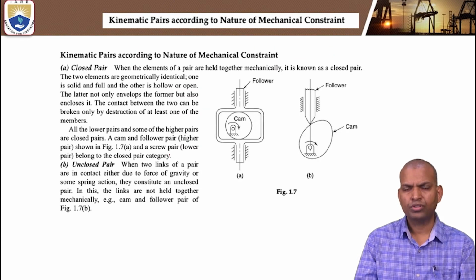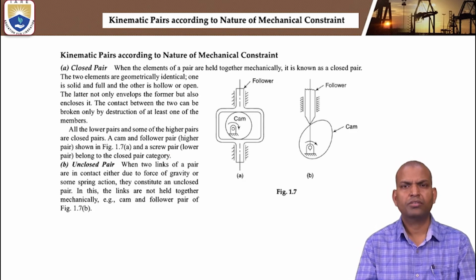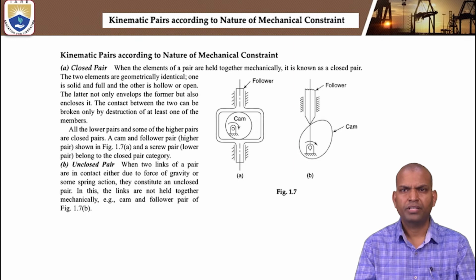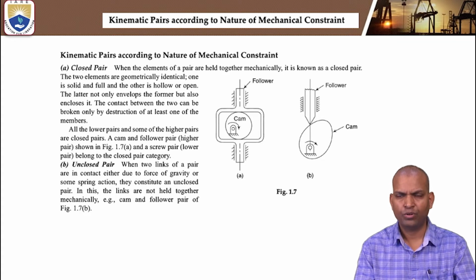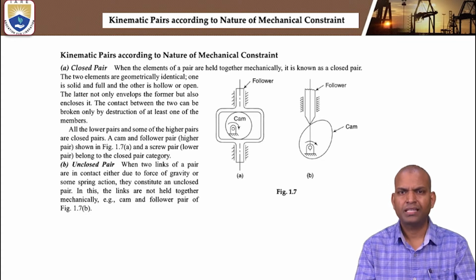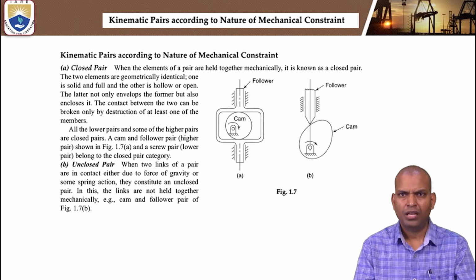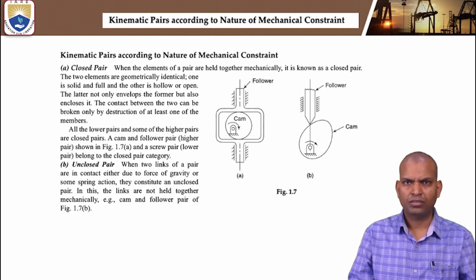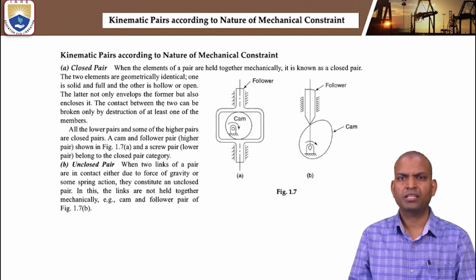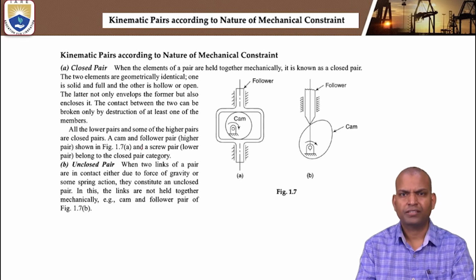So far we covered the classification based on the nature of contact between two links. We studied higher pairs and lower pairs with detailed animated examples for better understanding. Now coming to the second category, closed pair. There are two types. It is based on the nature of mechanical constraint.